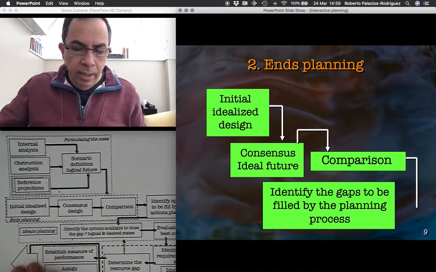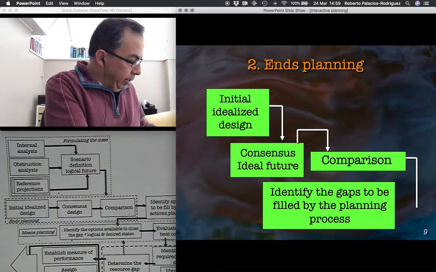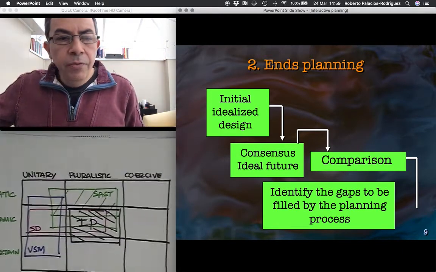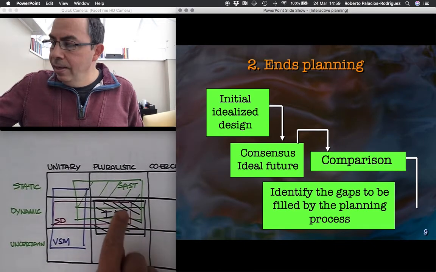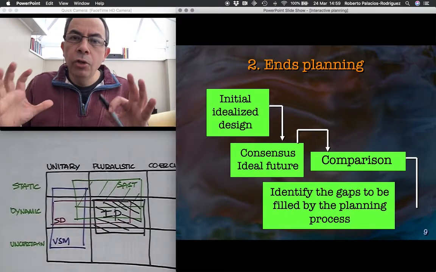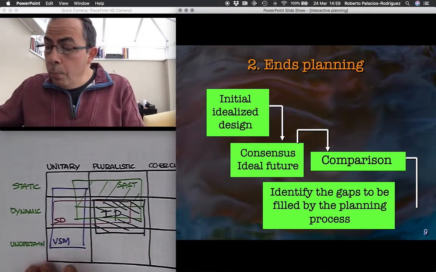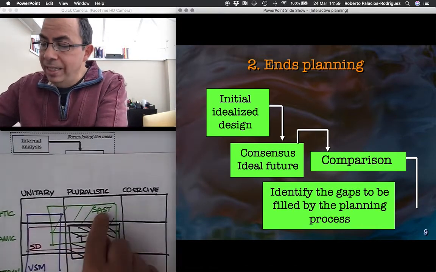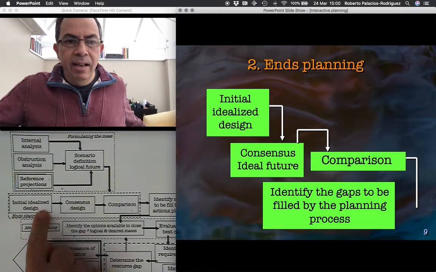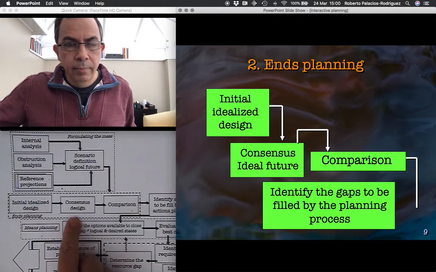And over here, let me go back to my matrix for the different methodologies. If you recall, I said this SAST methodology can be used in order to build consensus. Probably a good idea is to use SAST in order to move from the idealized design to the consensus design.